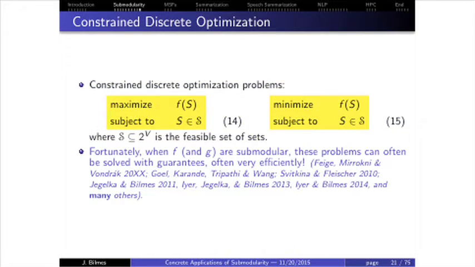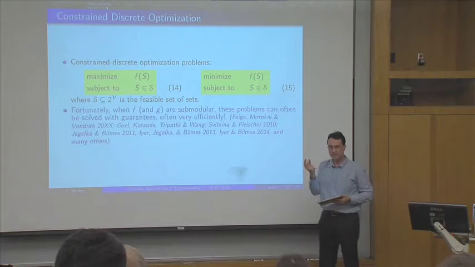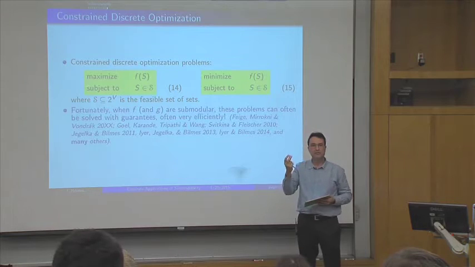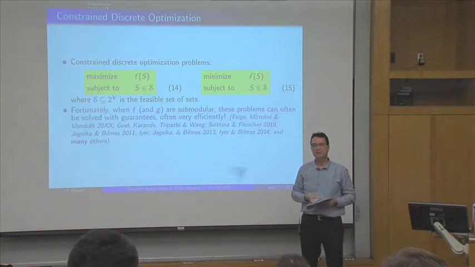But it turns out, and this is a lot of the work that we, and many others, I should say, have been working on over the past decade, that there are ways of doing these kinds of optimization problems subject to various different constraints. Most of them that we found are approximable in some ways, and the approximation algorithms are usually scalable to large problem sizes, fairly simple, and work well in practice.